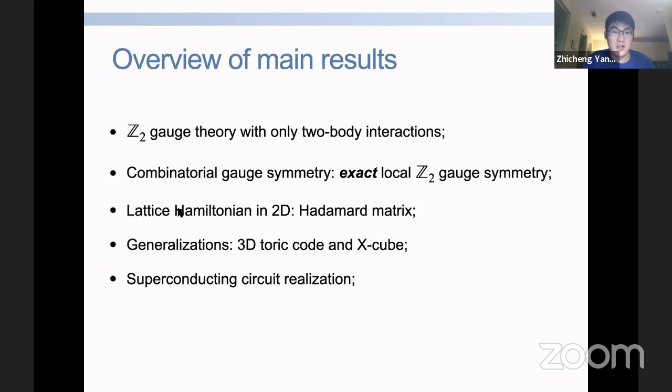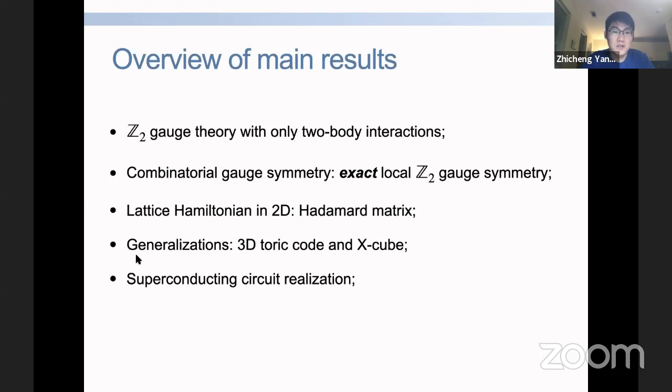We construct an explicit lattice Hamiltonian in 2D where the couplings have this combinatorial gauge symmetry so that we have a gauge theory. The couplings having this kind of combinatorial gauge symmetry turn out to take the form of Hadamard matrices.